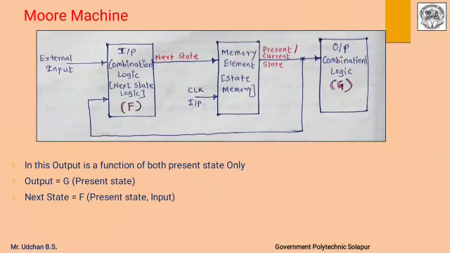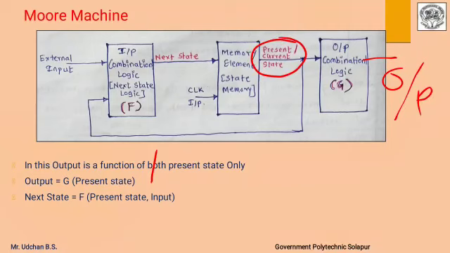Now next is the Moore machine, in which again there are three blocks: input combinational logic block, output combinational logic block, and a memory element. The only difference is the output is a function of only the present state. It does not depend on the input.